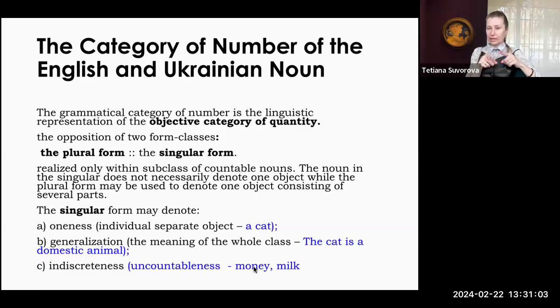It is expressed in singularity in English only and always. Money is good, for example, or is bad. And in Ukrainian, it's always plural. Гроші – це погано, бо гроші – це добре. So it is plural in Ukrainian, and in English, it's singular.